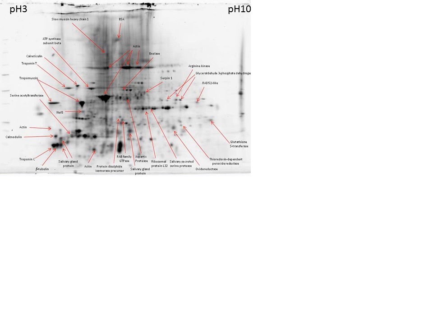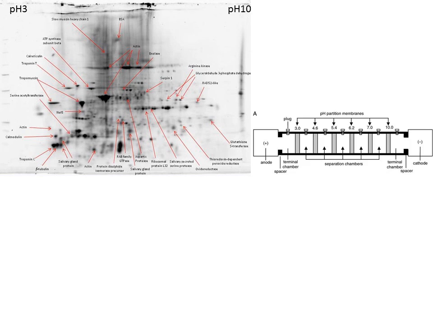The entire unfractionated sample can be seen in this 2D gel where the proteins have been separated by charge in the left to right direction and then size in the up and down direction.